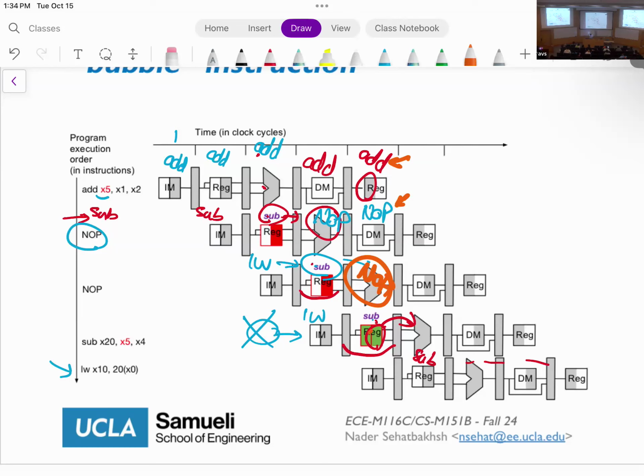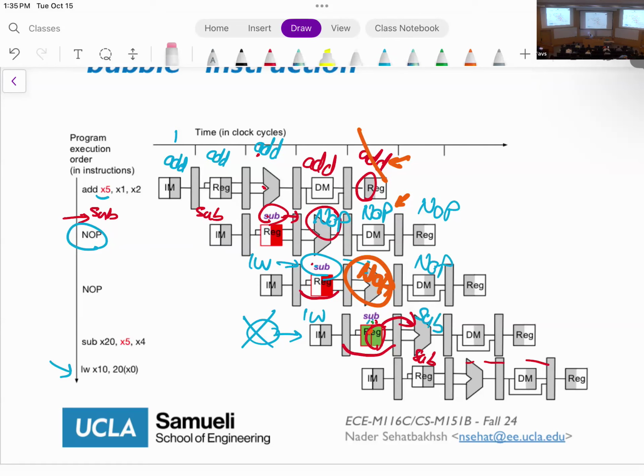And now at this point, my add is done. So now I can let these guys move forward. So my sub is here. Now this no-op goes to this stage. This no-op goes to this stage. And then at this point, now my sub can continue normally. So my sub goes, oh, sorry.